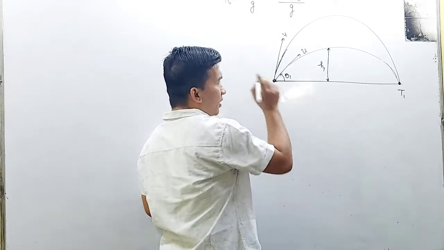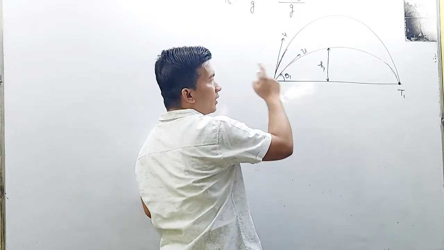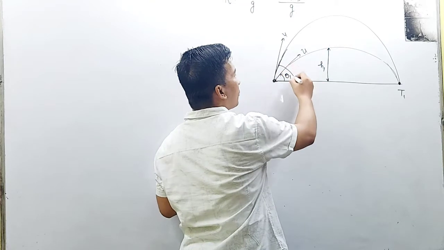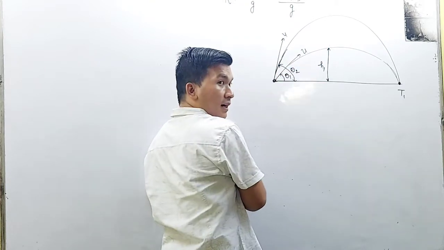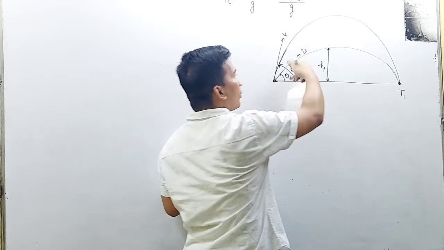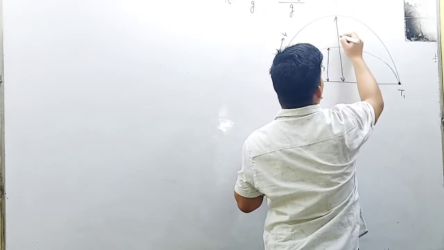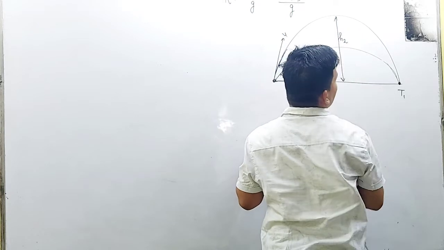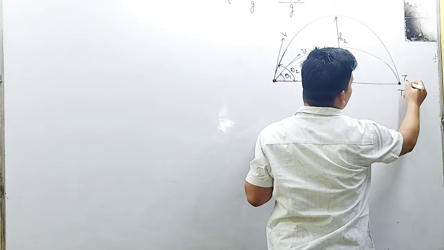In the second case, the same object is thrown with the same velocity u at a different angle, theta 2. It produces a maximum height H2 and lands at this point after time T2.